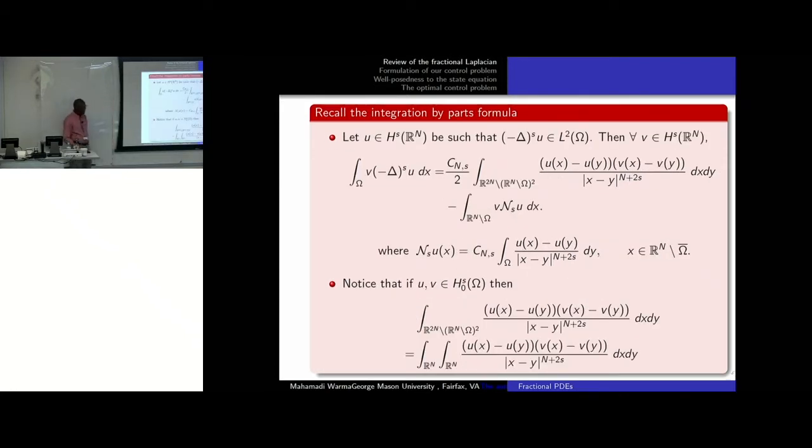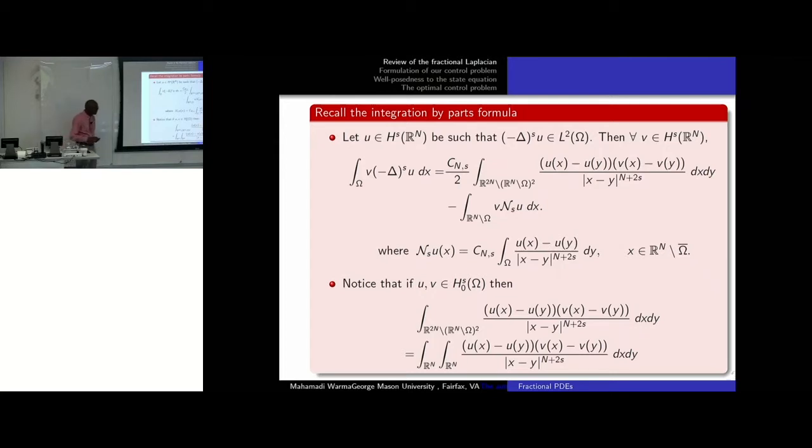Now we also need the integration by parts formula that we saw yesterday. I want to integrate v times minus delta s of u, with the condition that u is in Hs of Rn and minus delta s of u is in L2. Then I have the energy form. Like we said, for the energy we just need information on R2n minus the complement of omega squared. We don't need any information on the complement times the complement.